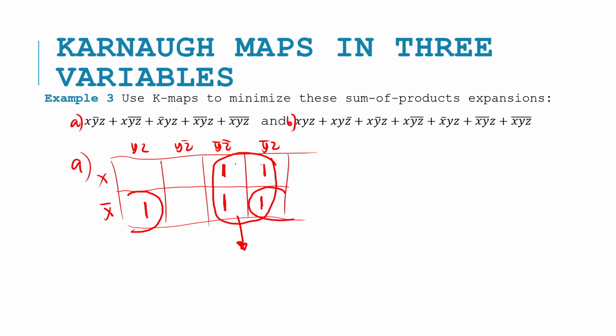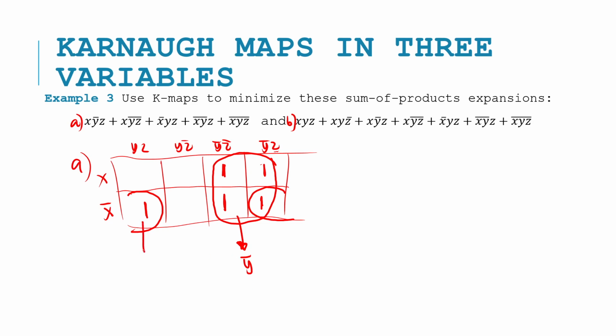So what are the literals that have its complement? We have x and x prime, so we expect to have no x in our min term. And here we have z prime and z, so we could also do away with z prime and z. Now we are left with just y prime. So this block of 4 ones here is just equal to y prime.